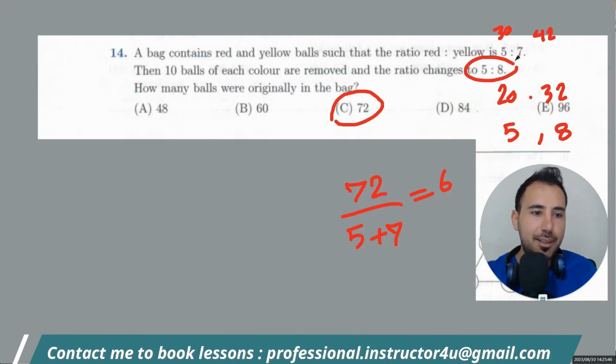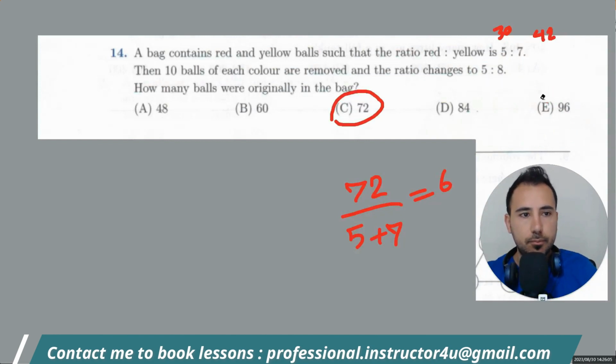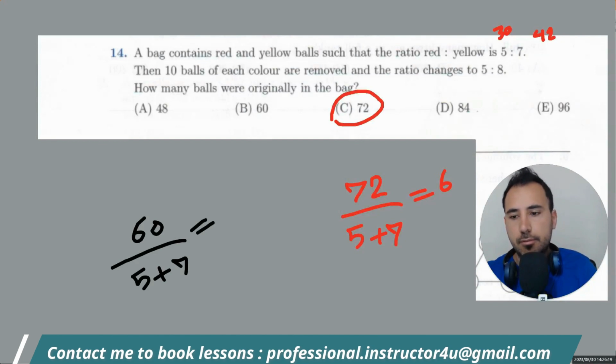If I was not lucky like this, I would go with 84, or I'd go with 60. Then we find it. So let's do it with 60 and see why 60 is not the right answer, but 72 is. If we had originally 60, then 60 over 5 plus 7 would be 5.